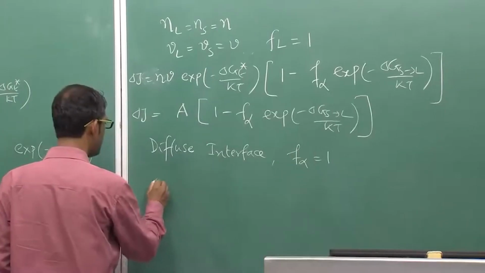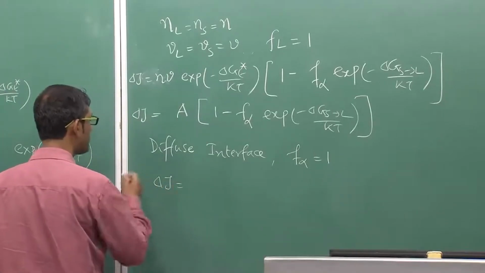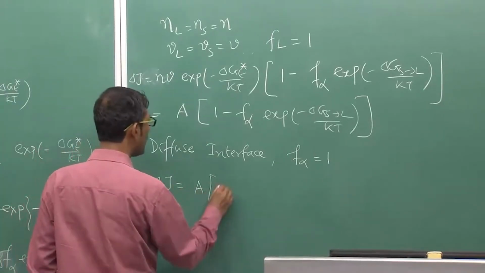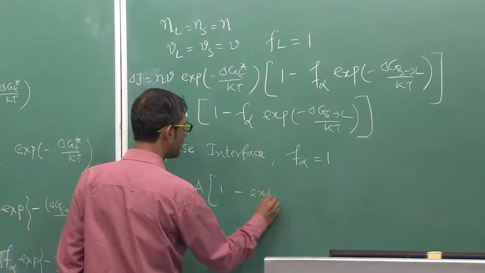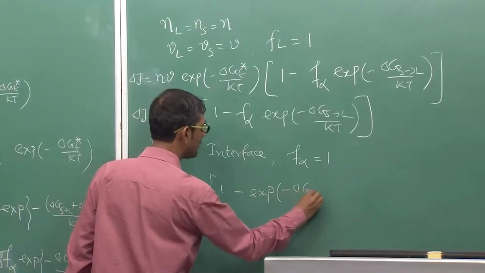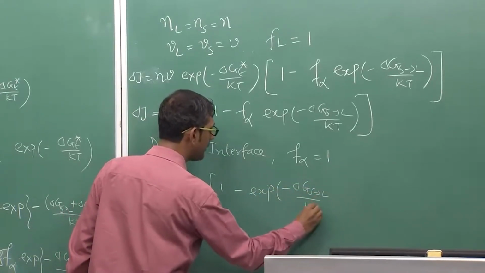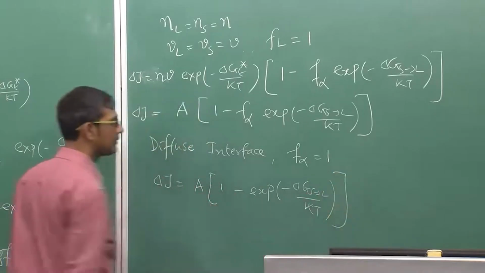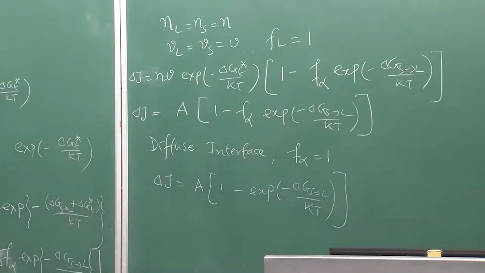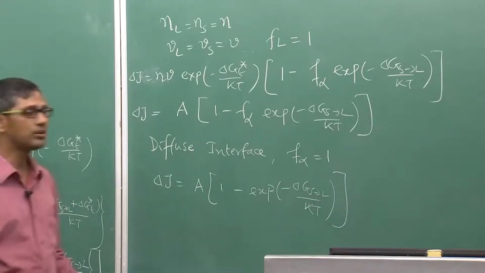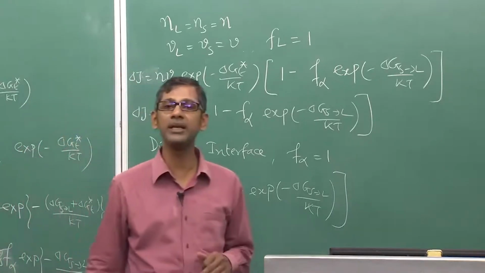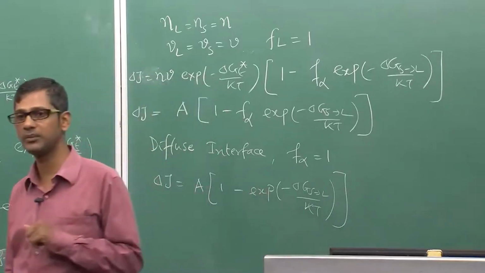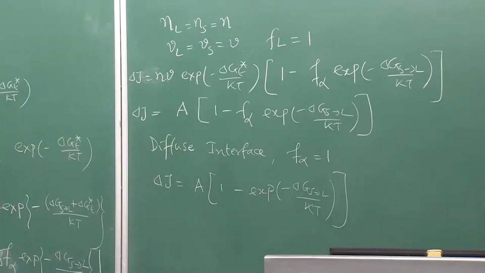So therefore for the diffuse interface the flux balance, which is equal to the growth rate, is basically A times 1 minus exponential minus delta G solid to liquid by KT. That's what it is, and this is an exponential function. So we can clearly see the growth on a diffuse interface will increase exponentially as a function of temperature, or as a function of undercooling.